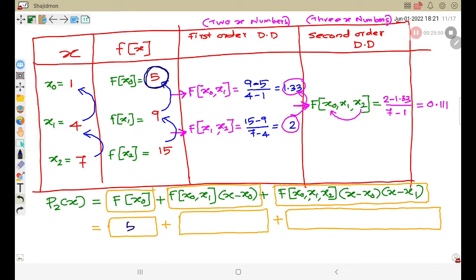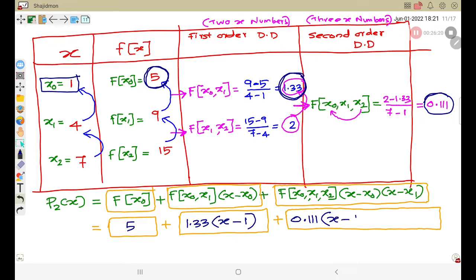That is 5, plus f of x0 comma x1, which is 1.33, multiply x minus x0, where x0 is 1. So x minus 1, plus f of x0 comma x1 comma x2, which is 0.111, multiply x minus x0, x0 is 1, multiply x minus x1. What is x1? In the table, x1 is 4.